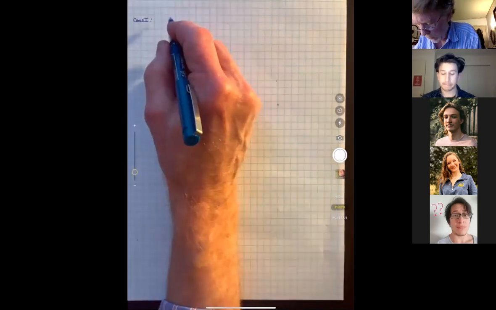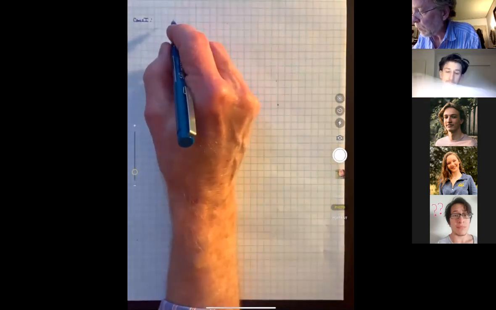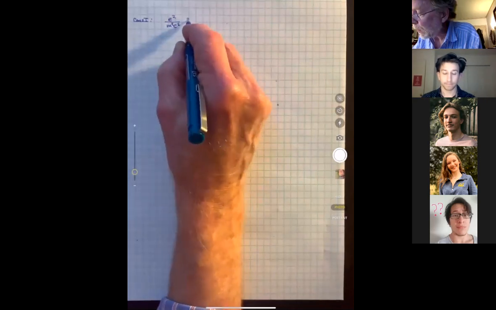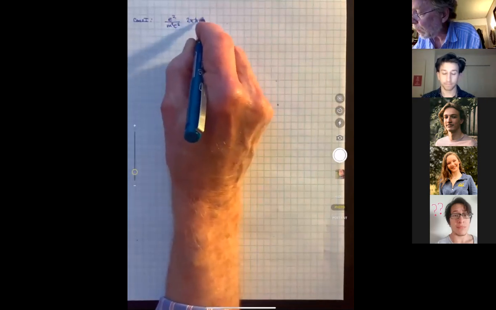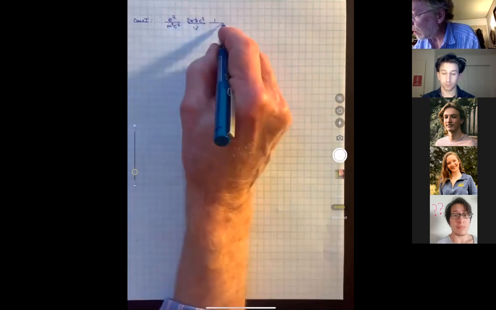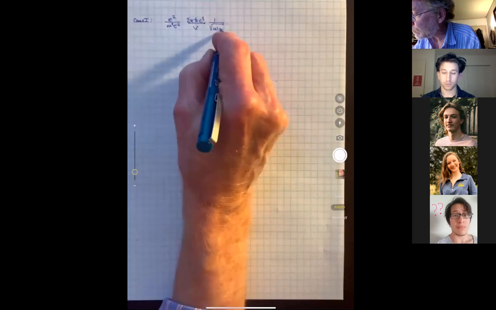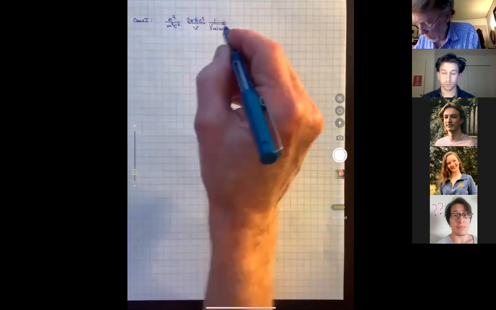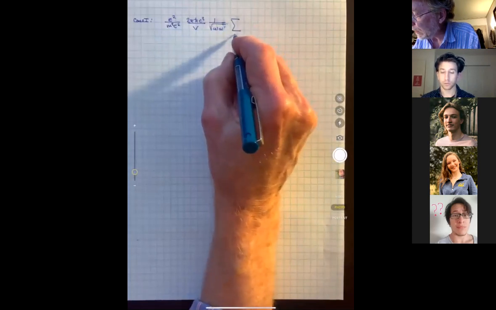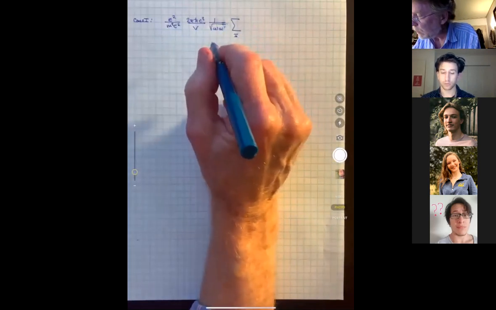It turns into e squared over m squared c squared times 2 pi h bar c squared over volume V times 1 over the square root of omega prime times the sum on intermediate atomic states only now. That's what's left over of the sum.